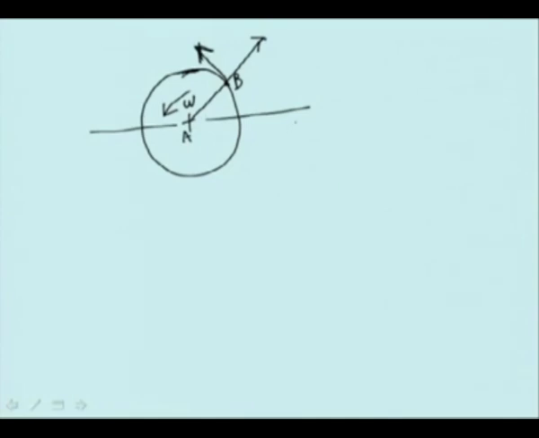In this case, if we fix the coordinate system at A, VA is equal to VB plus omega cross minus r plus VL.